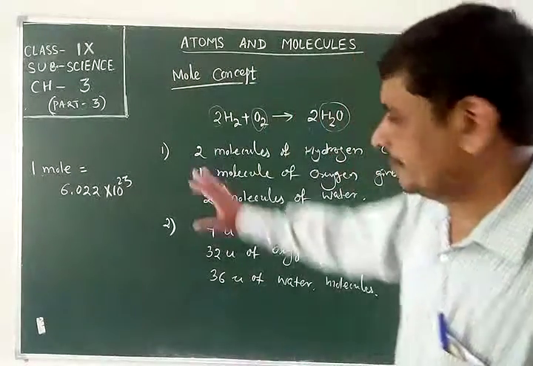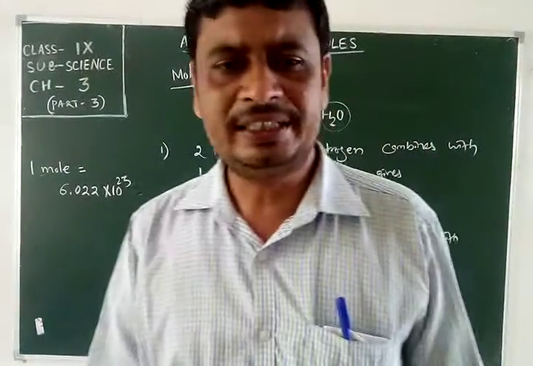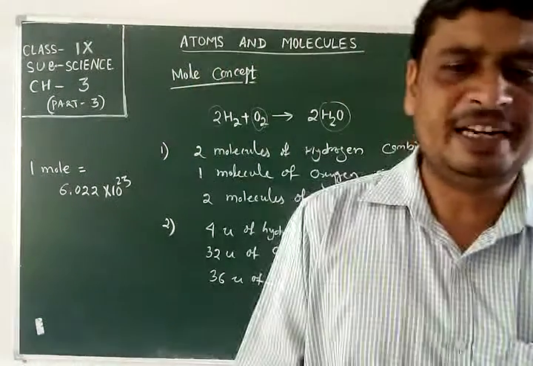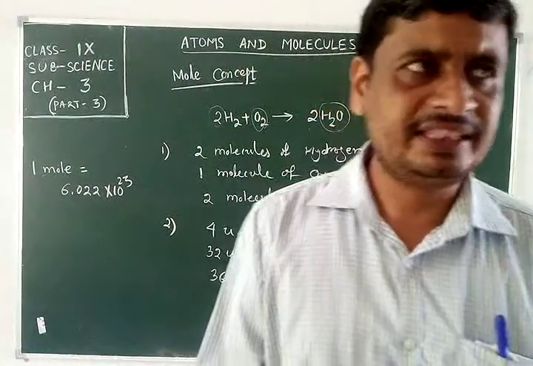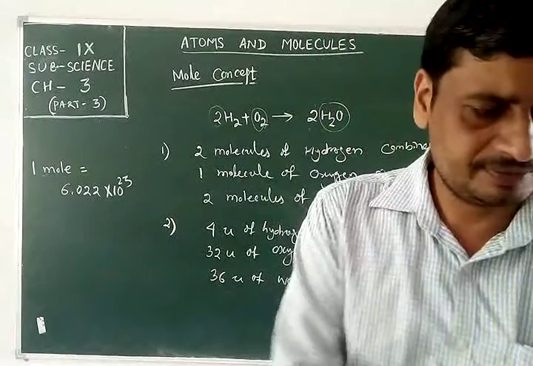The number is fixed: 6.022 into 10 to the power 23. It is an experimentally obtained value. This number is called Avogadro constant or Avogadro number.